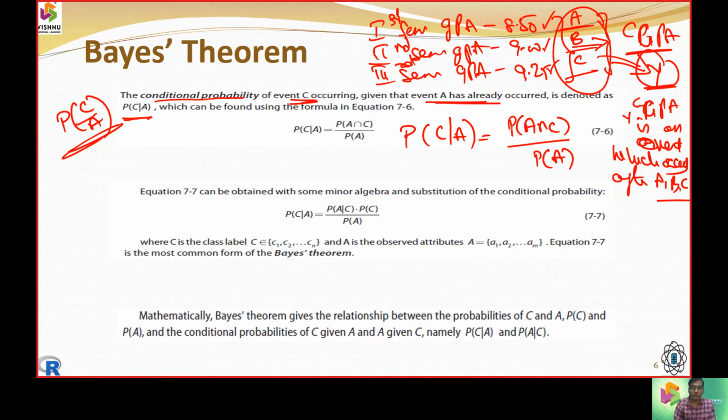If we mold this into a form, we call it the Bayesian form.